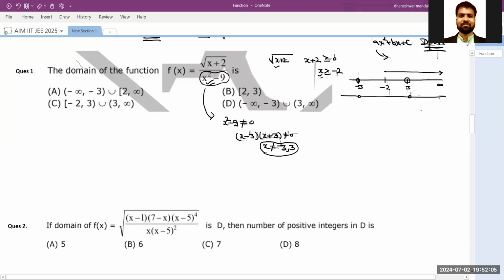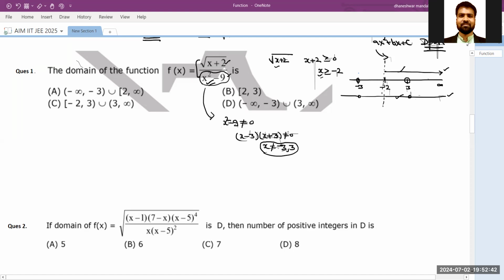If I want to find the domain of this function, then I have to take the common values from these two conditions. Here we have one condition, here we have another condition. If I take the common condition, draw a vertical line and find the region in which both lines are there.